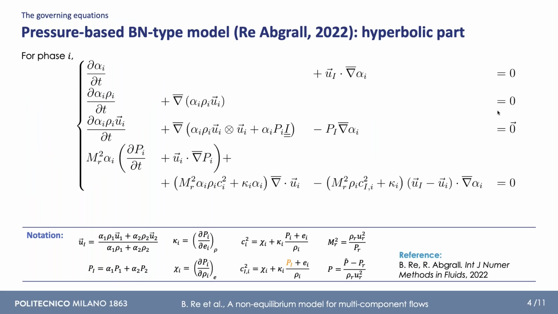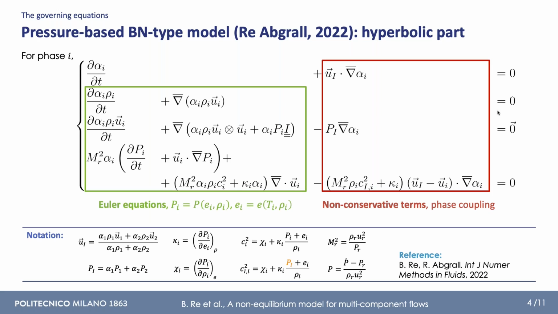As I said before, there are several N-type models. The one we consider in this work is a pressure-based Baer-Nunziato type model proposed recently by me and Abgrall. Without going into detail, this model has basically three equations. One is the balance for the mass density, one is the balance for the momentum, and then instead of the total energy, we have the equation for the pressure.